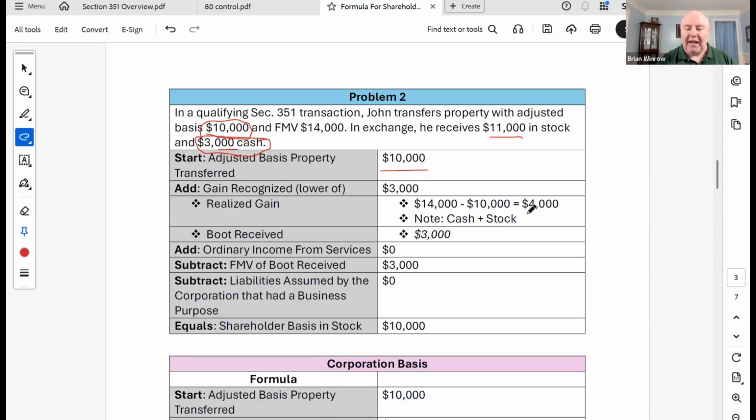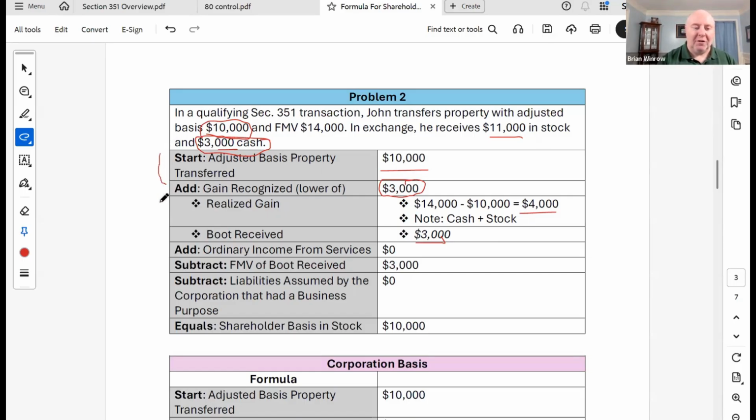So our realized gain is going to be $4,000. And our boot received, we already knew was cash of $3,000. So we're going to use the lower of the two for our recognized gain. Well, obviously 3,000 is less than 4,000, so $3,000.